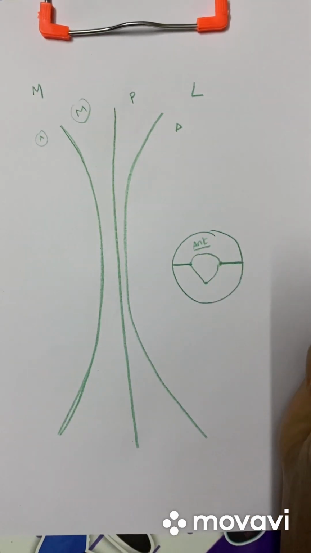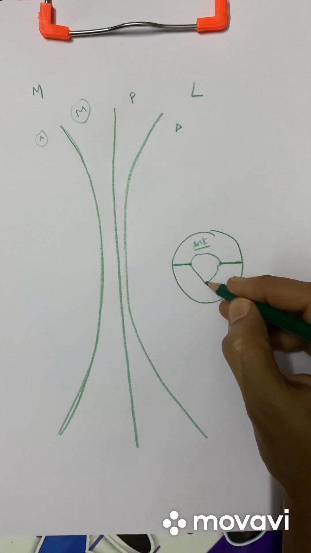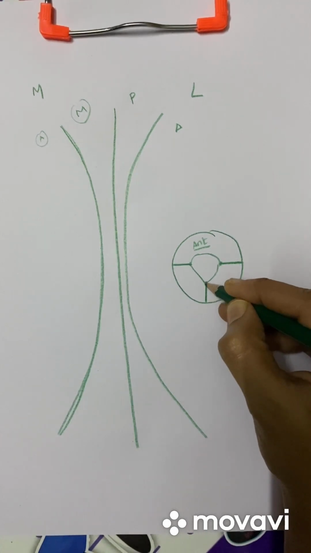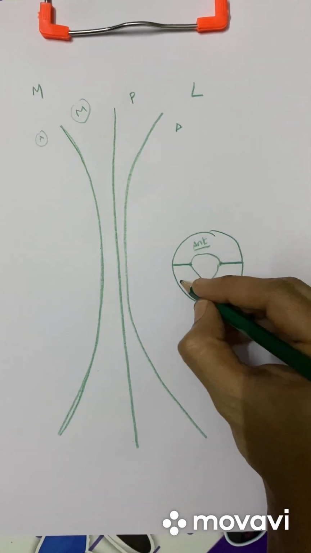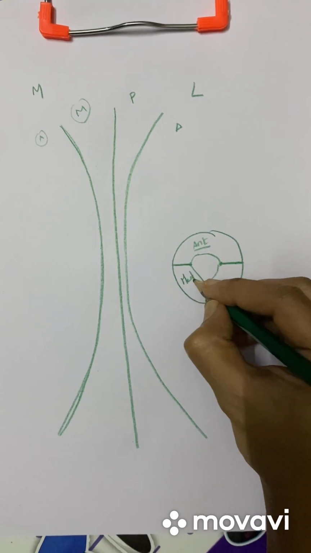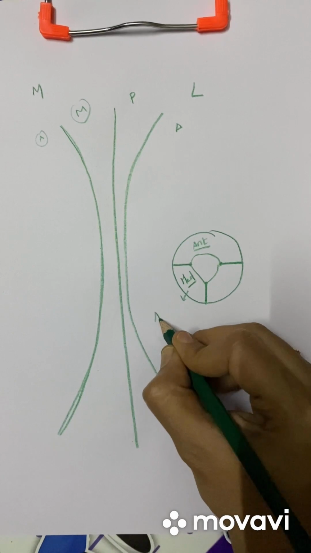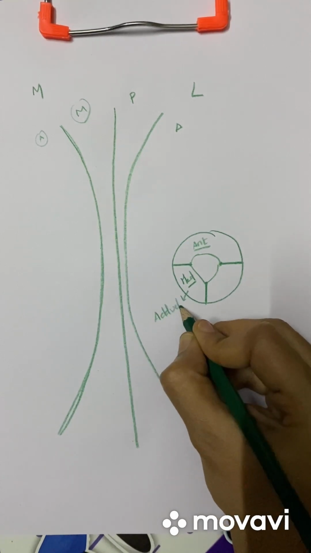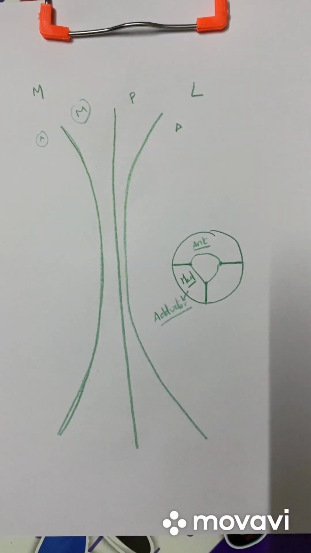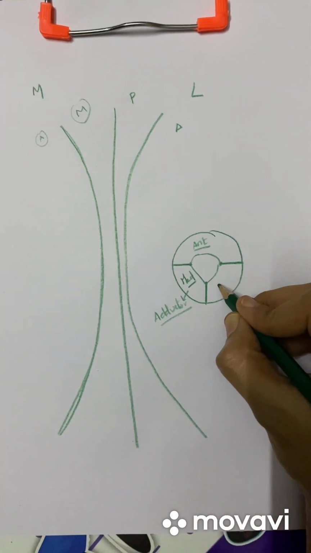So the anterior compartment is called the extensor compartment. Between the medial and posterior intermuscular septum is the medial compartment or adductor compartment. Between the posterior and lateral intermuscular septum is the posterior compartment.